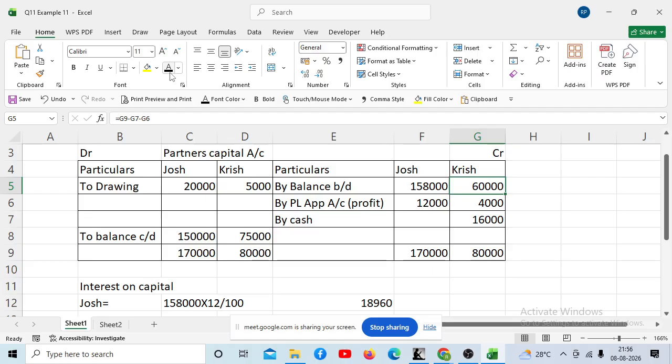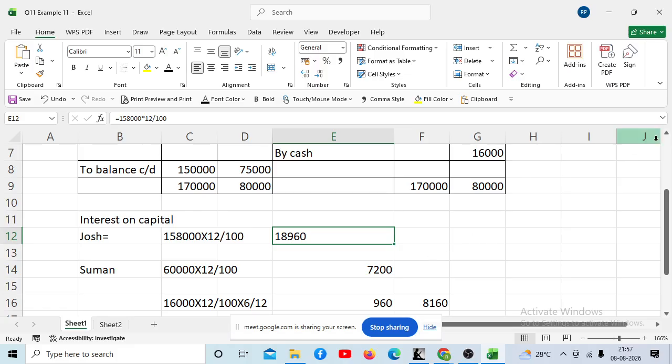Okay, now we will calculate interest on capital. For Josh, the opening capital is 1,58,000. So on 1,58,000, 12%. It comes to this much. Okay, now we will calculate it for Krish also.